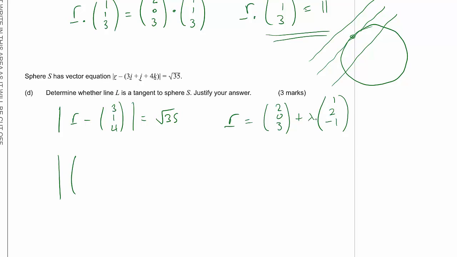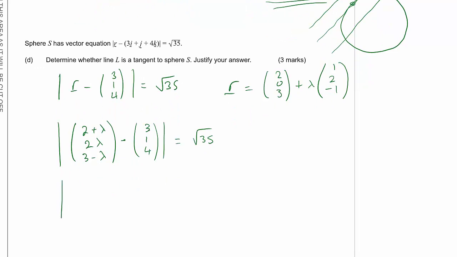So what have we got? (2 plus lambda, 2 lambda, 3 take away lambda), take away (3, 1, 4) is equal to root 35.